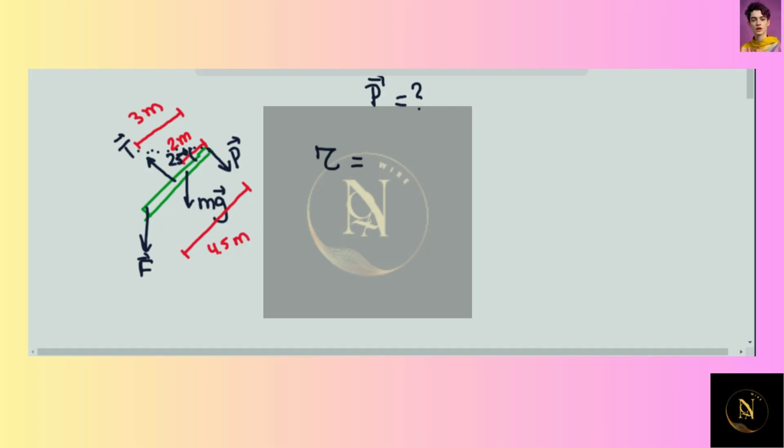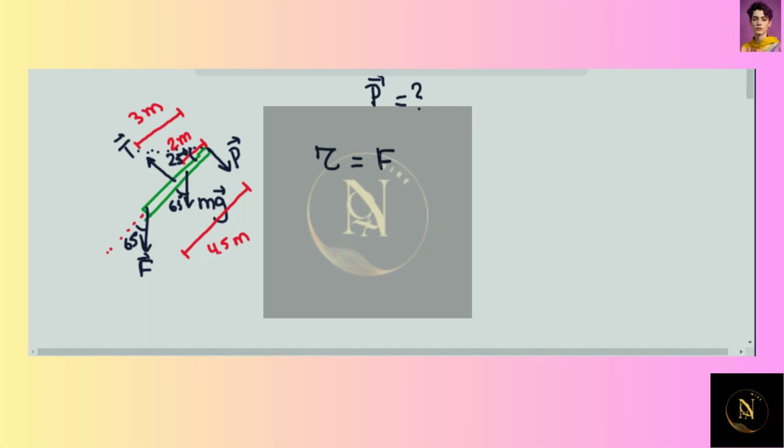So this means that this angle here is 65 degrees. So is this angle here. So by the right hand rule, the torque caused by F and mg are counterclockwise. I'm going to call that positive.